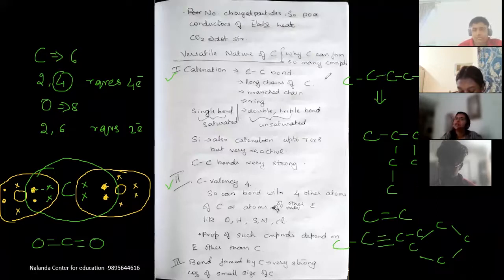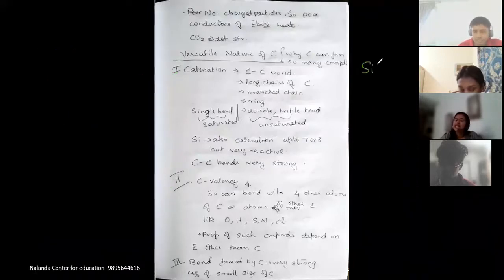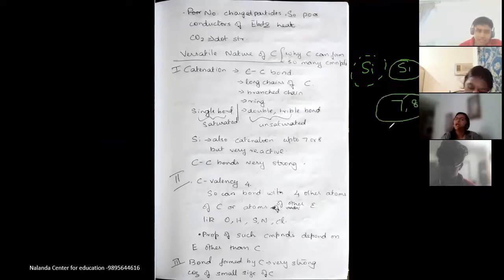See, other atoms like silicon have the capability of catenation. Catenation means joining with itself. But silicon is comparatively bigger than carbon. It has a huge ego. You know, people with ego can't stay together. So the maximum number of silicon atoms which can join among each other is 7 to 8. Even if 7 or 8 join together, they are huge, big people, so even if a small thing comes, they are very reactive and they'll break off.